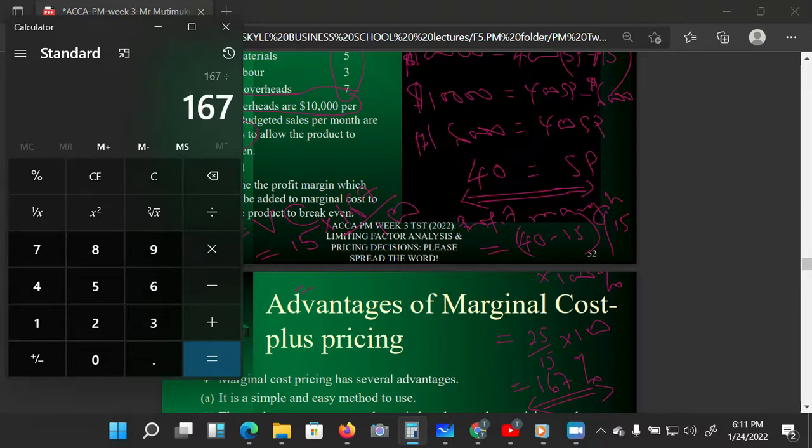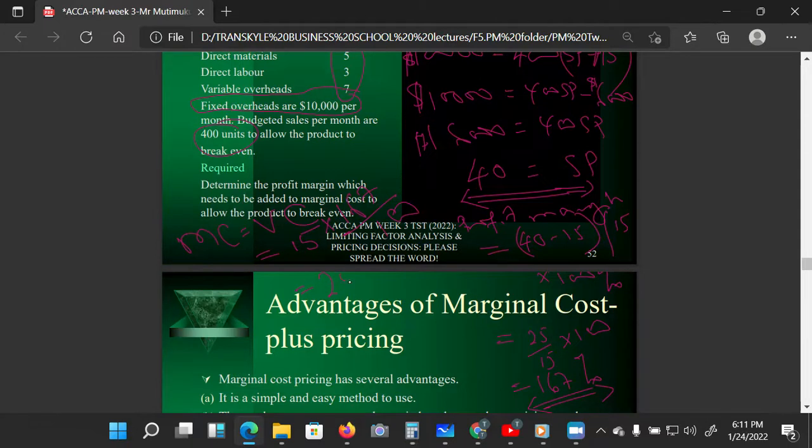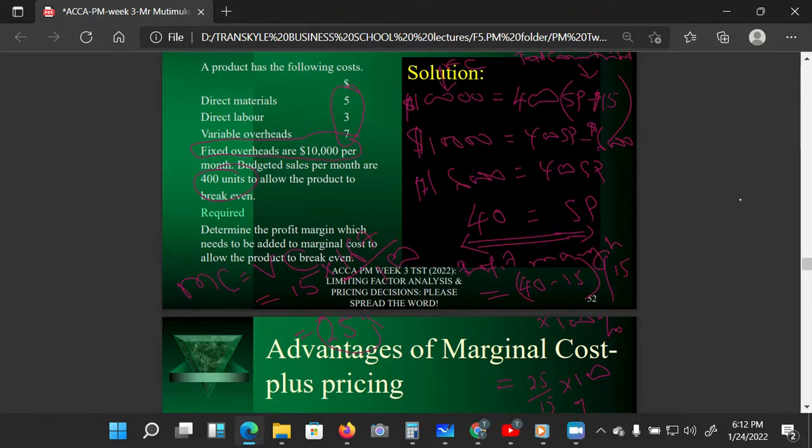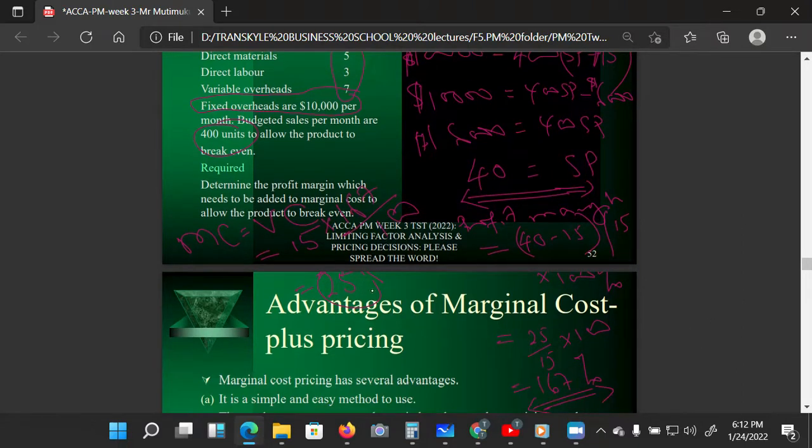We get 25. And this is the 25 which we have already found as the fixed cost.